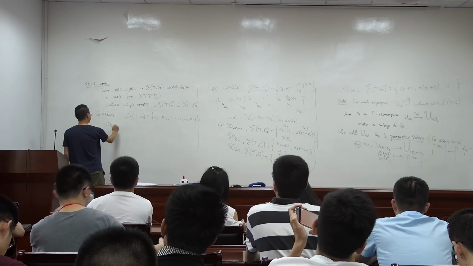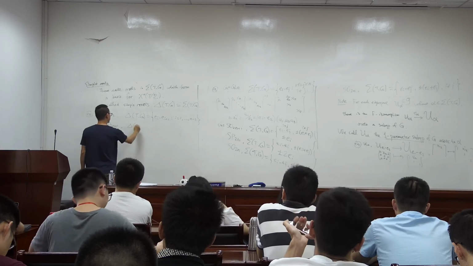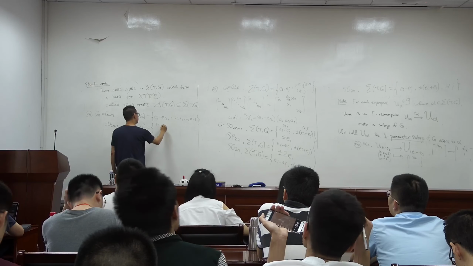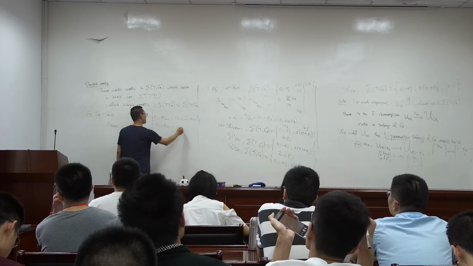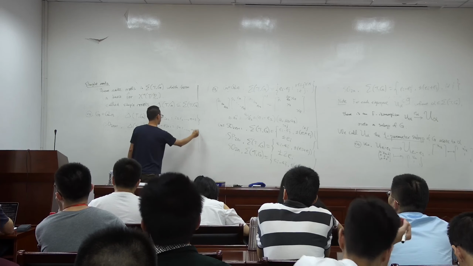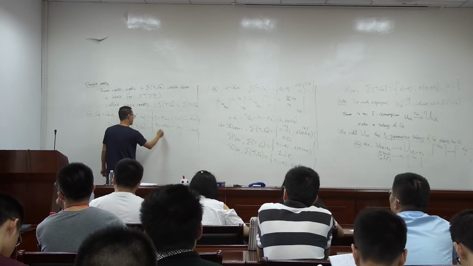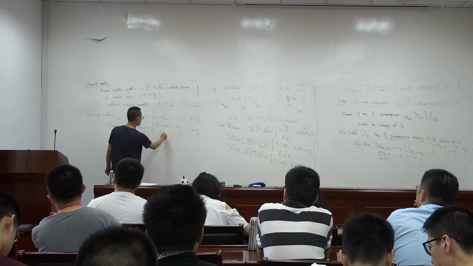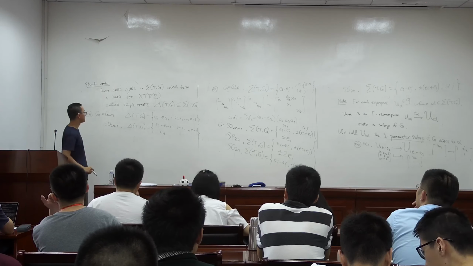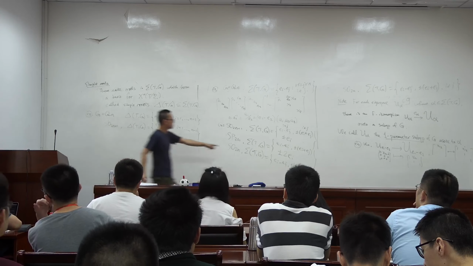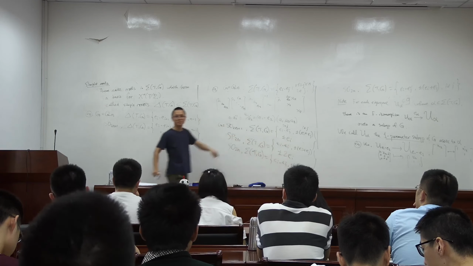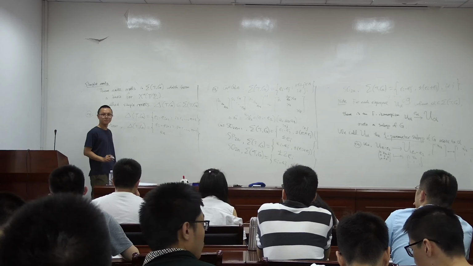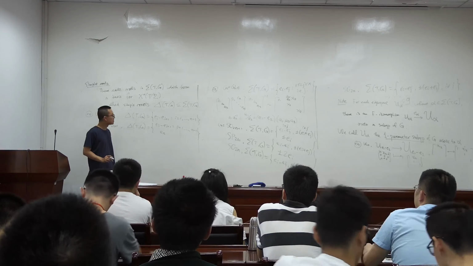For the odd special orthogonal group, you can take the same thing with an extra one here, that is e_n.